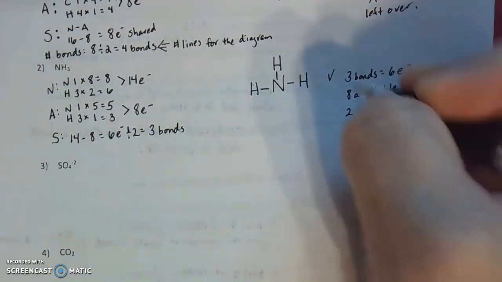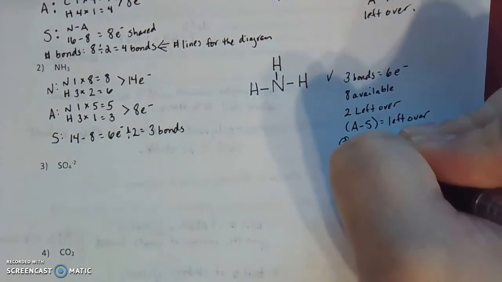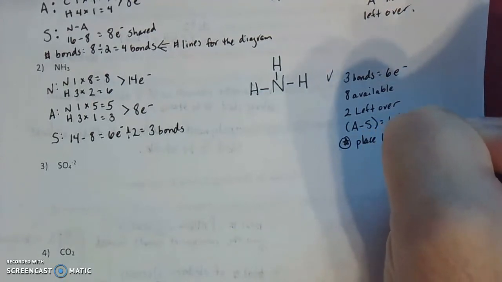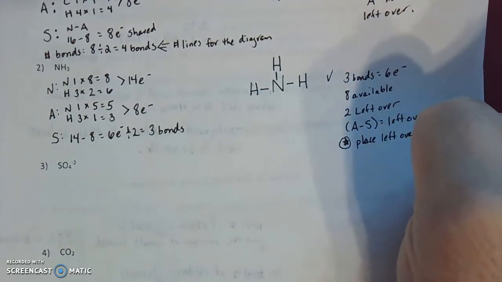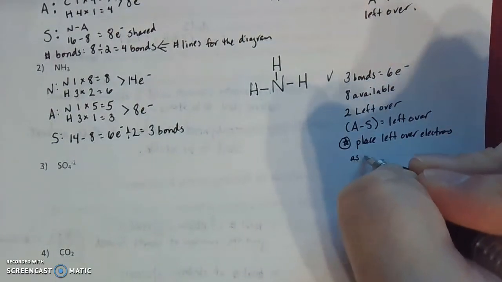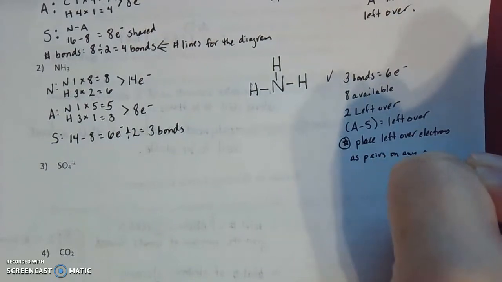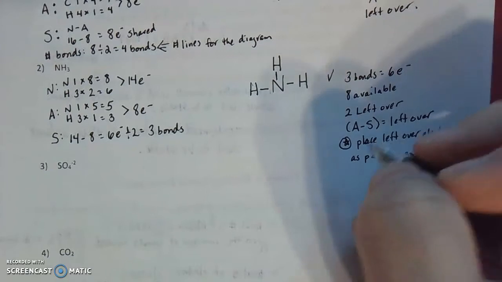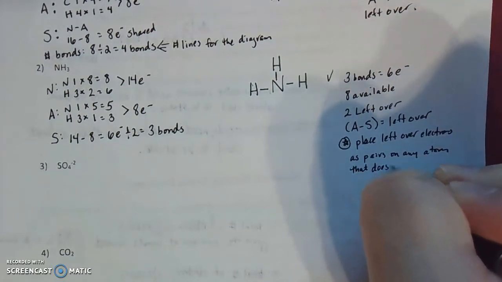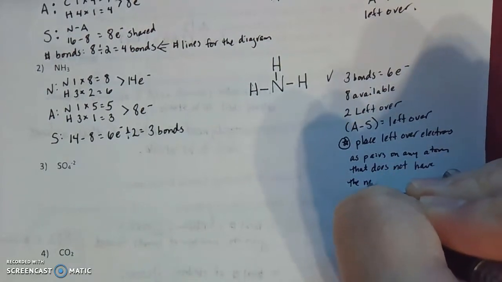So what we do with these is we place leftover electrons as pairs on any atom that does not have the needed amount.